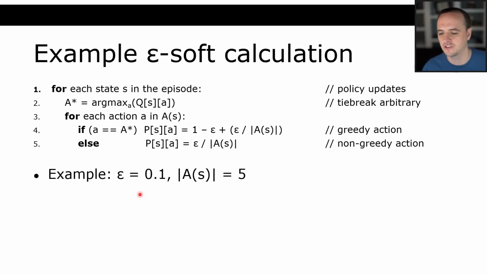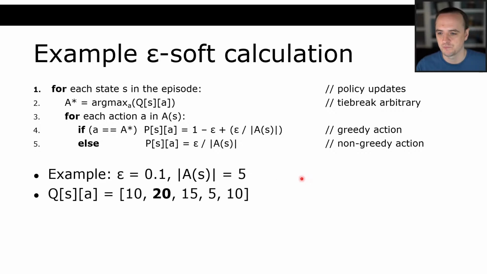So let's say, for example, epsilon is equal to 0.1. So we have a 10% chance of choosing a random action. And the number of actions that we have is 5. So there's 5 legal actions. So let's just say that at some point, our Q(S,A), that's our current value estimates of doing action A at state S, have these values, right?